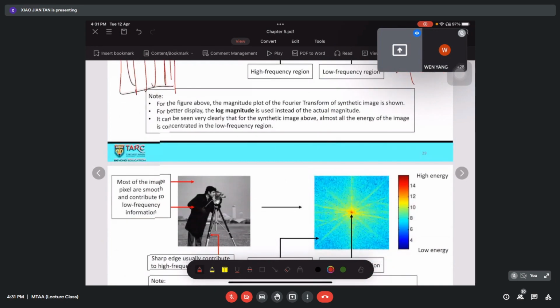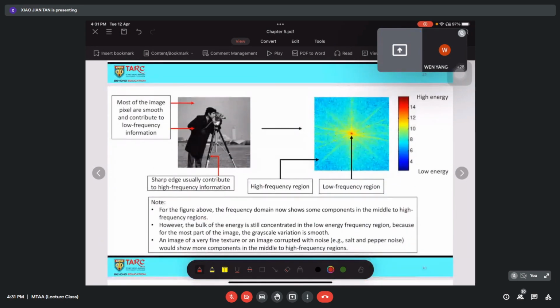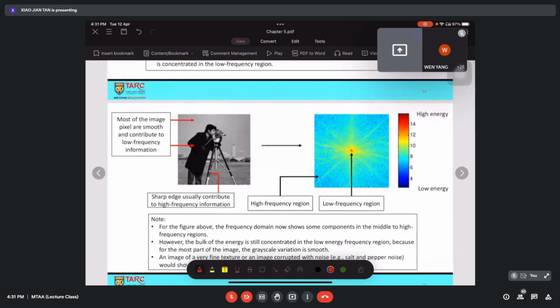That one is applied biology. Nonetheless, this is just to illustrate that the center here, the red color, shows higher energy, which means this image has a smooth transition of fuzzy data.